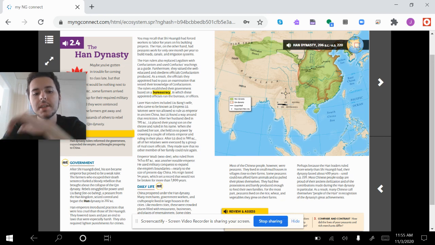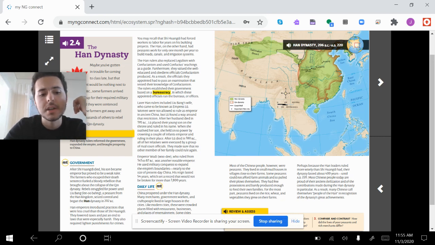So the dynasty that was started with Shi Huangdi, he passes it down to his son, but his son proves to be a weak ruler, and eventually this peasant named Liu Bang seizes control and begins the Han Dynasty. And the Han Dynasty is going to last for about 400 years.